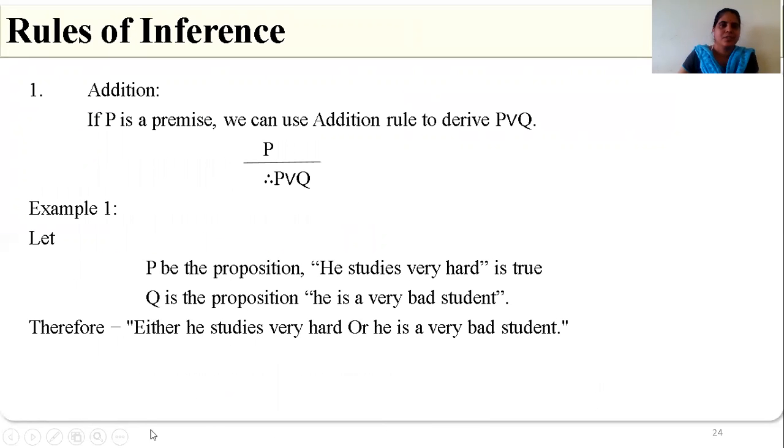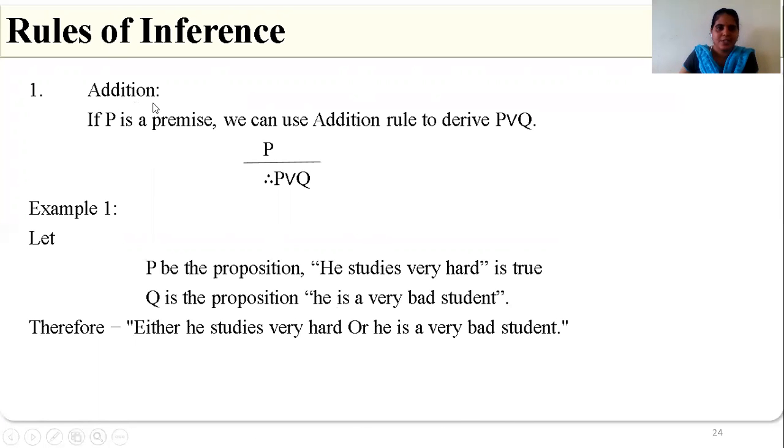Next is rules of inference. They are used to check the validity of an argument by using simple rules, and these rules are called rules of inference.